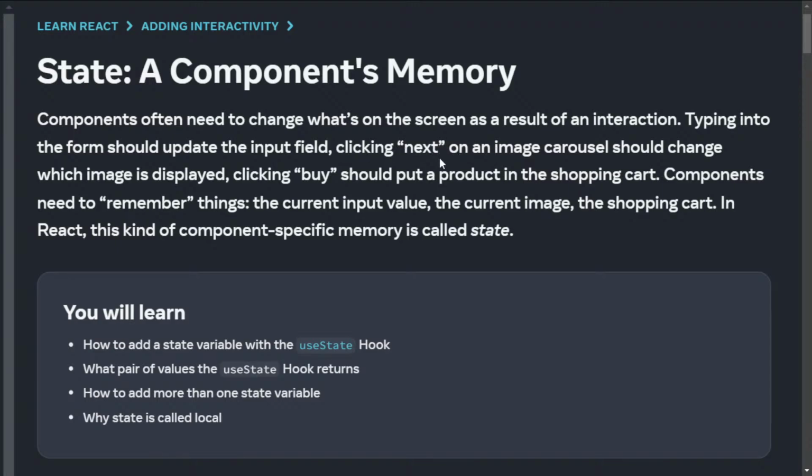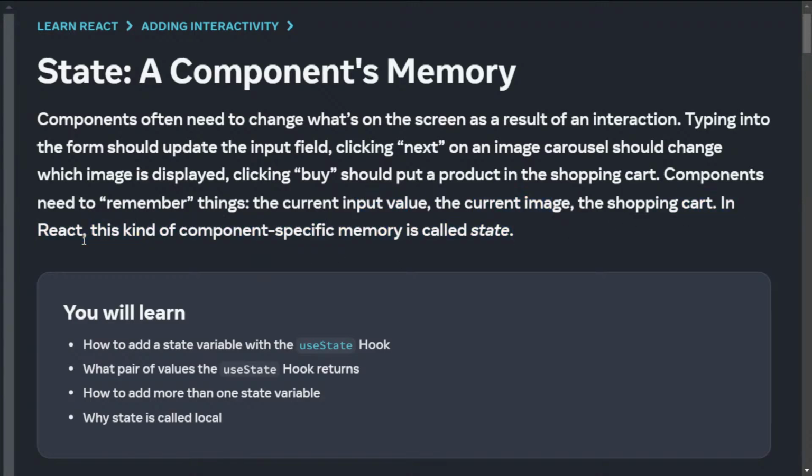Clicking next on an image carousel should change which image is displayed, and clicking buy should put a product in the shopping cart. Components need to remember things: the current input value, the current image, and the shopping cart.